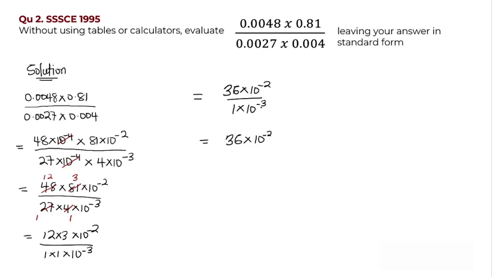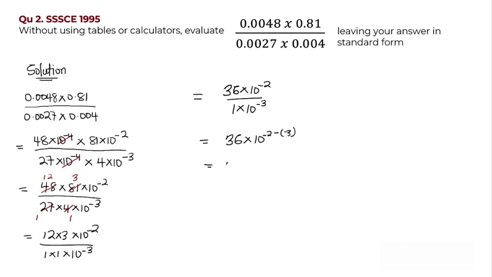Now this 10 raised to the power minus 3 at the bottom, we will send it to the top. If we send it to the top, the sign changes, because of the division sign, so it becomes plus 3.